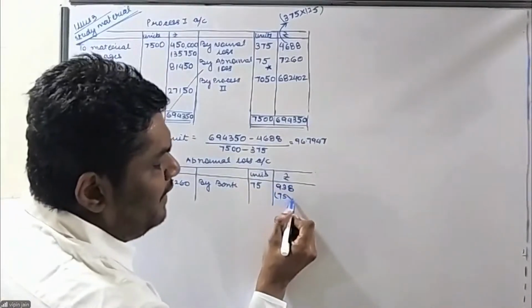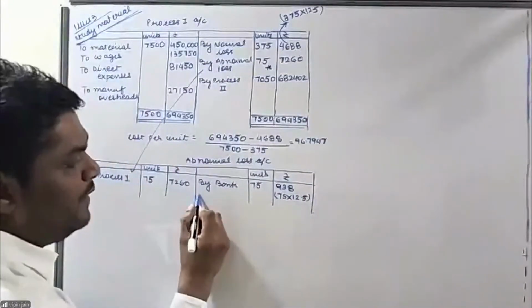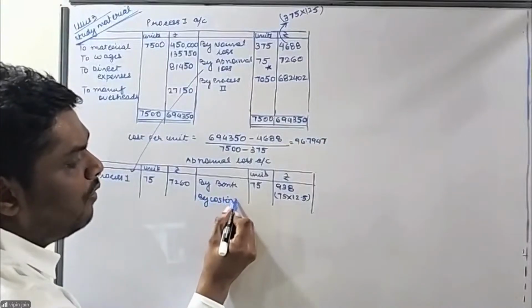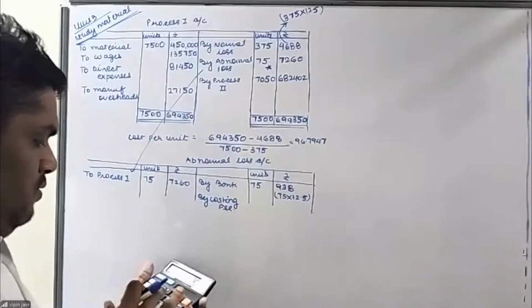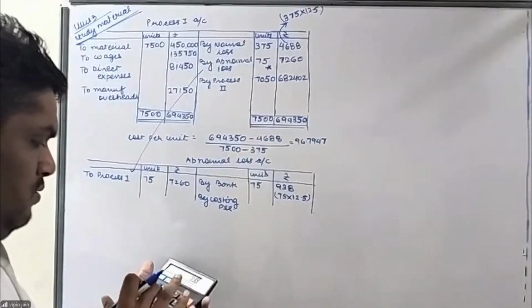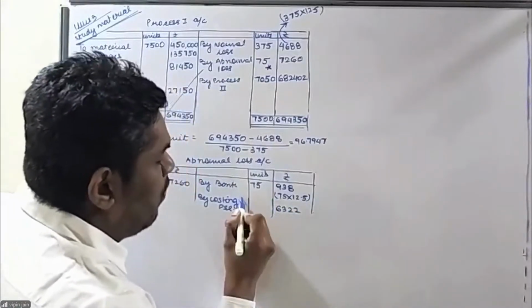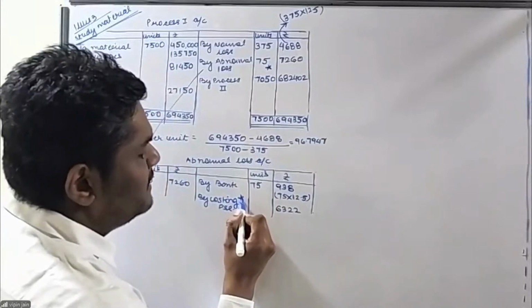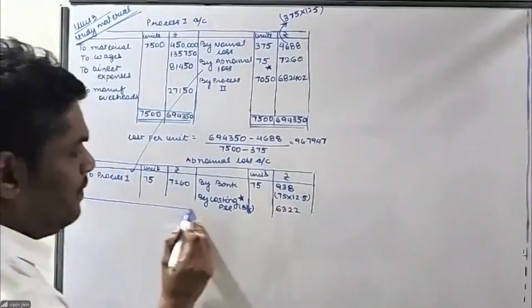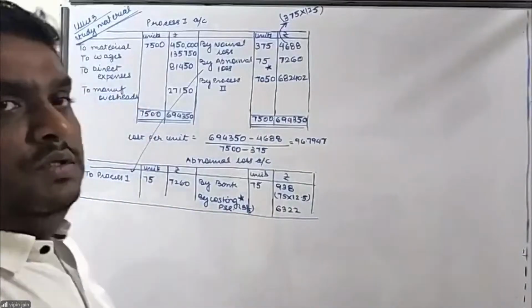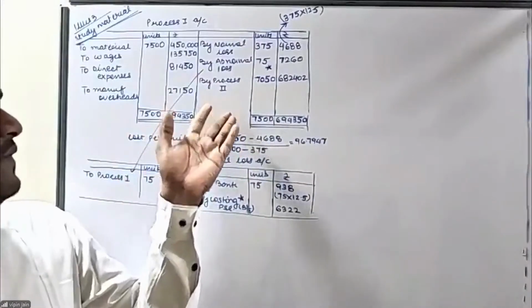Again, 75 into 12.5. So balance amount will be transferred to costing P&L. It will be 6322. Again, this is the balancing figure. So this is all about process first account, wherein we have prepared the process first account and abnormal loss.